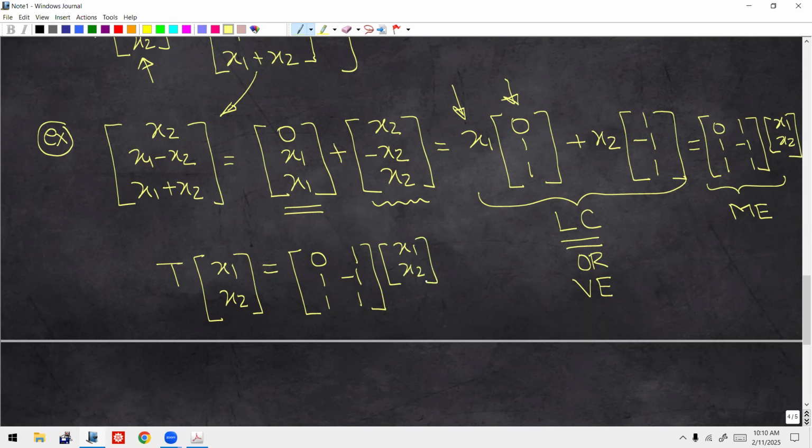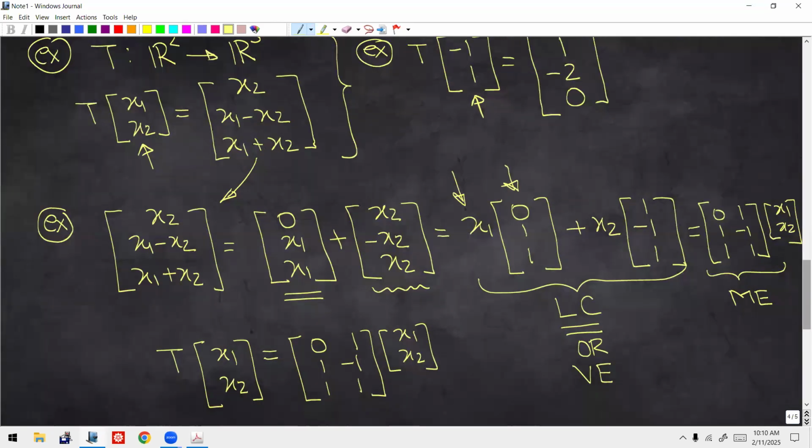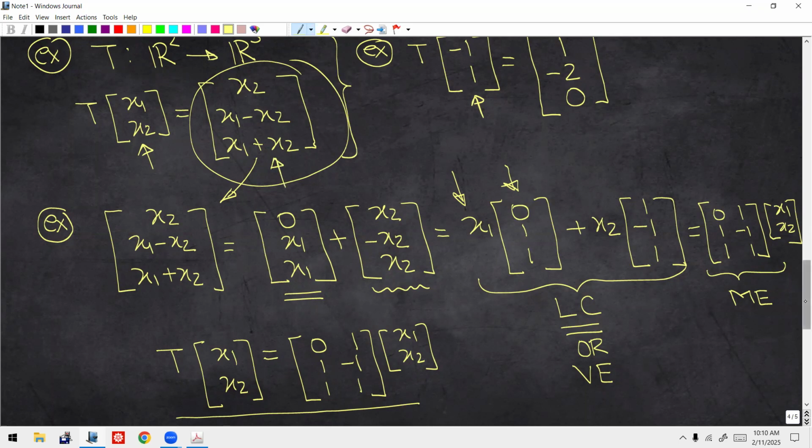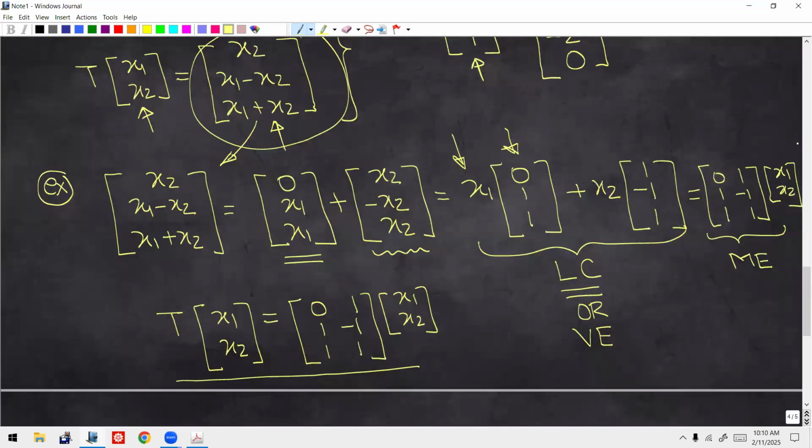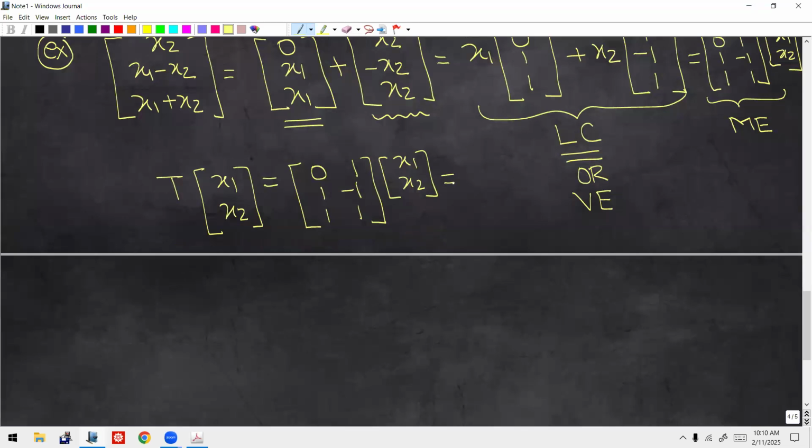Basically, we broke this down a little bit further and wrote it in terms of a matrix. Do you see that? Out here, it was in terms of a vector. So now I can do a little bit better. I can also think of this as the matrix A and this as a vector X that we start with.